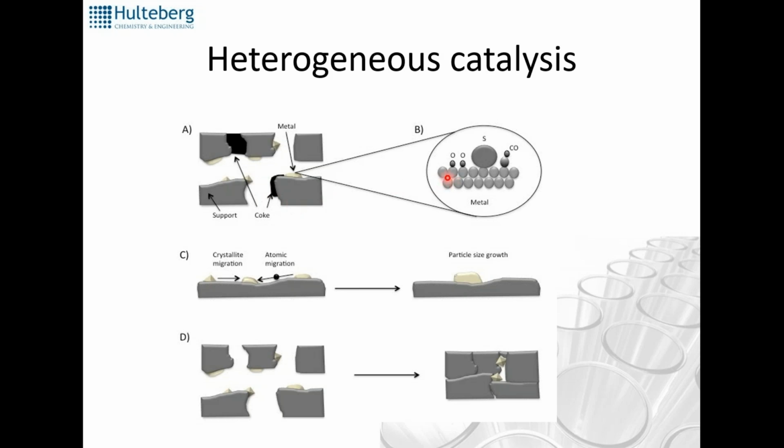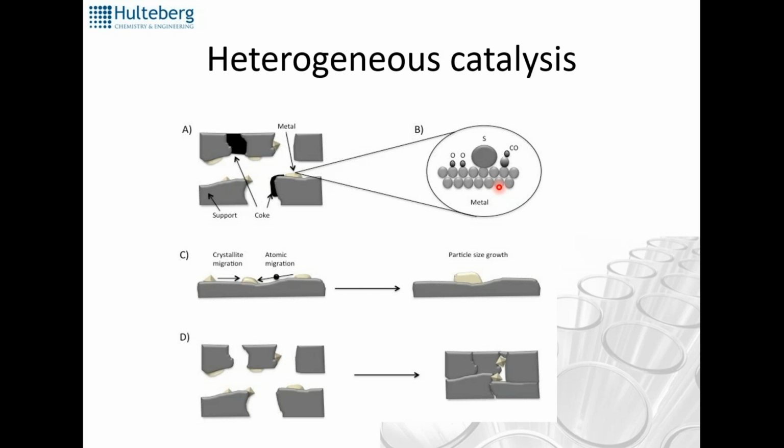Then you have poisoning, when you have some compounds sticking very strongly to your metal. In this case, it's a supported metal catalyst, and can be platinum, for instance, and you have sulfur, oxygen, carbon monoxide sticking very hard to the material. And if there's something there, there won't be space for other molecules to land and react.